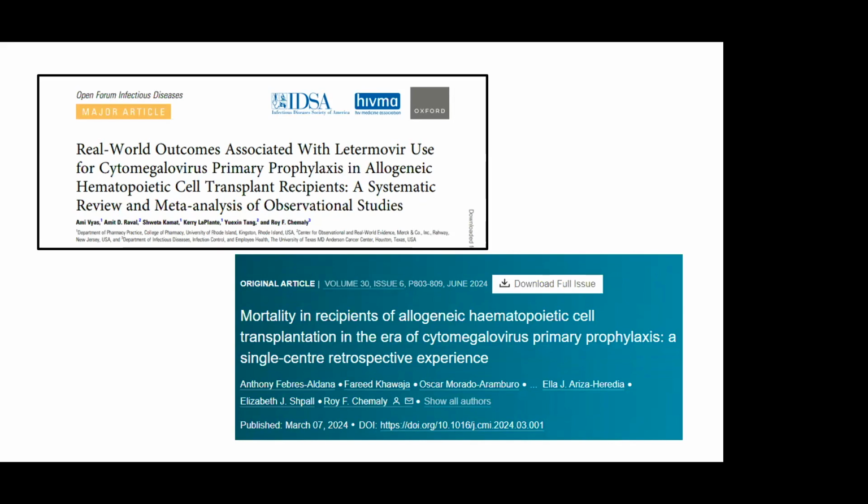And the impact of this medication has been further elucidated after licensure, and that was shown through multiple real-life cohort analyses.